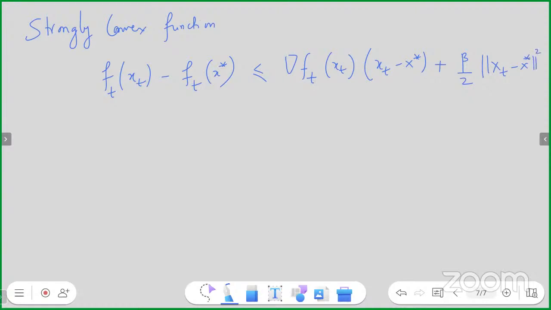See, I've already shifted the sign, so be careful. I'm looking at a less than or equal to inequality. Typically in convexity, we're looking at a greater than or equal to inequality. So it should be a minus there.